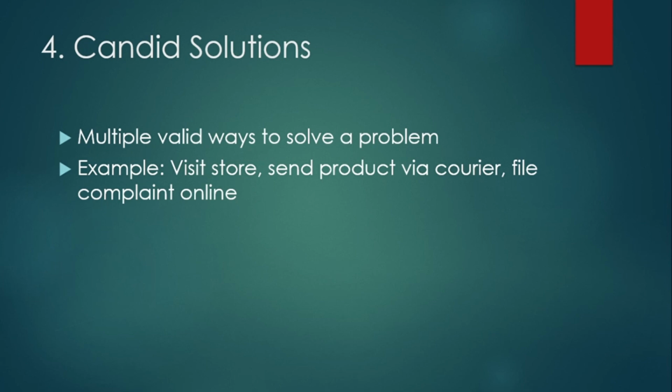For example, you can visit the store physically or you can file a complaint online. Similarly, in programming, you can solve a problem using different loop conditions or even a built-in function. The goal here is to keep your mind open to all alternatives before deciding which one is the best.